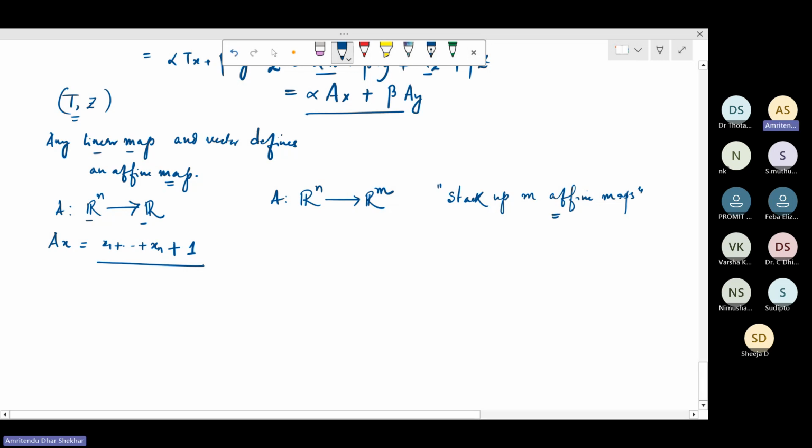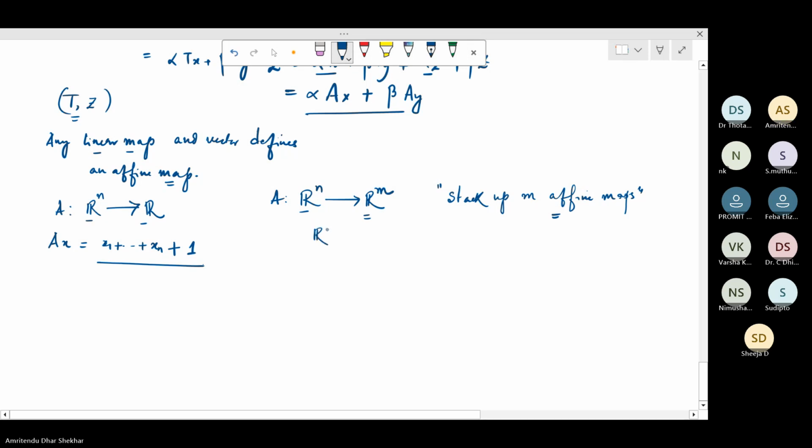Alternatively, but equivalently, you can take any map from Rn to Rm. So, what is the easiest way to construct a map from Rn to Rm? Just take a matrix. So, construct an n cross m matrix.